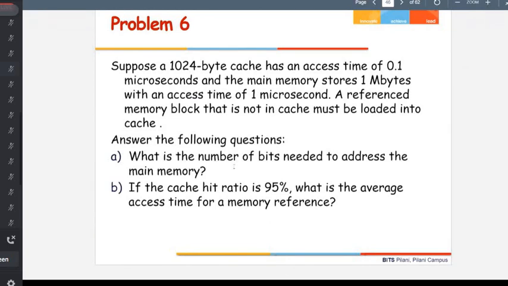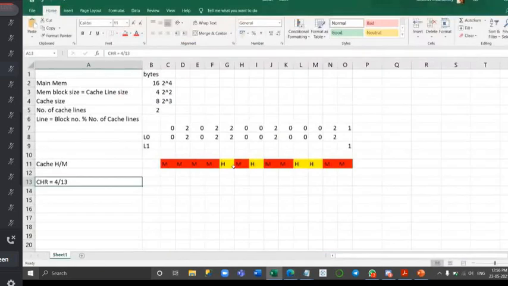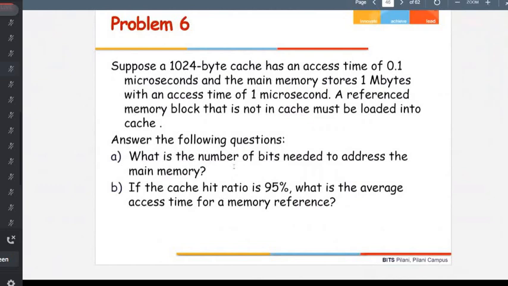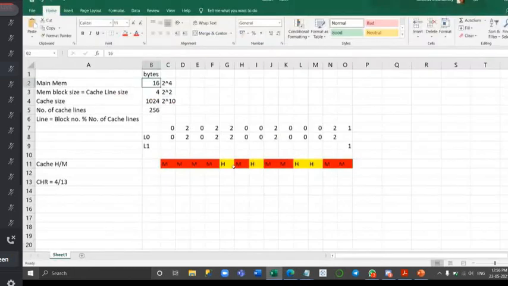Next we have a 1024 byte cache. So my cache size is 1024 bytes, which is 2 to the power 10. It has an access time of 0.1 microseconds.